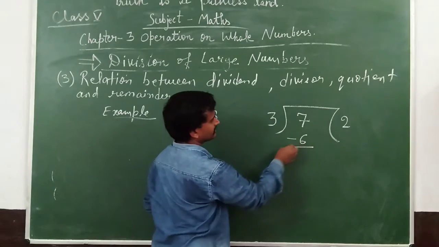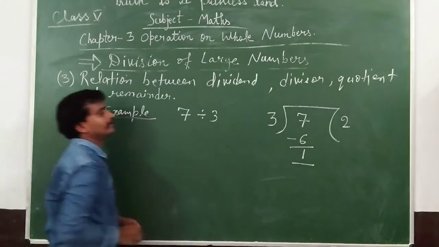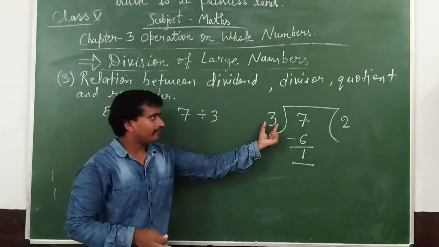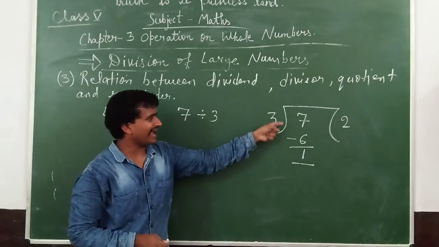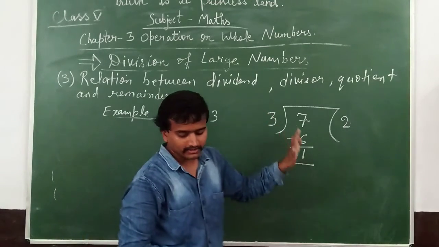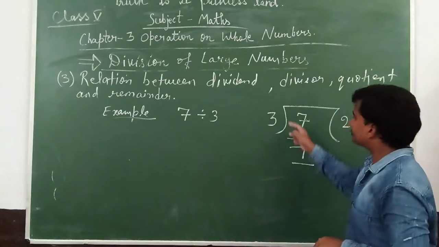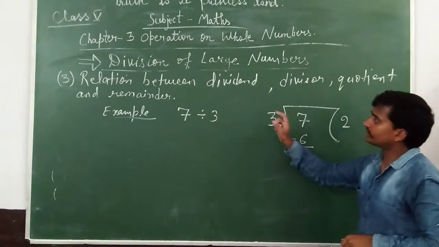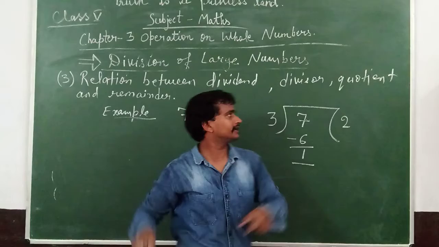On subtraction, 7 minus 6, 1. Now, the number or digit which is at this place is known as the divisor.